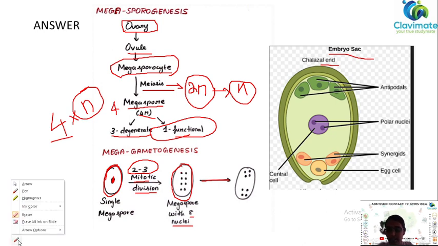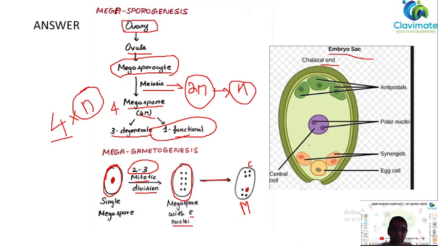And then when it travels, you have 4 in the chalazal end and 4 in the micropylar end as we saw here. And then what happens is 1 nucleus from the chalazal end and 1 nucleus from the micropylar end will come to the center, and they form the polar nuclei.